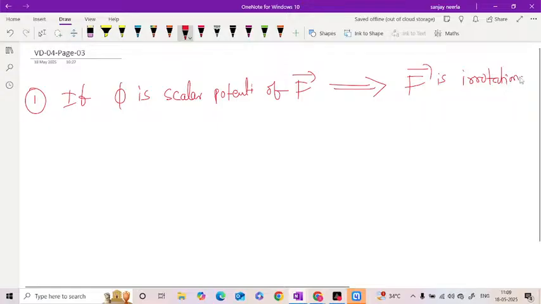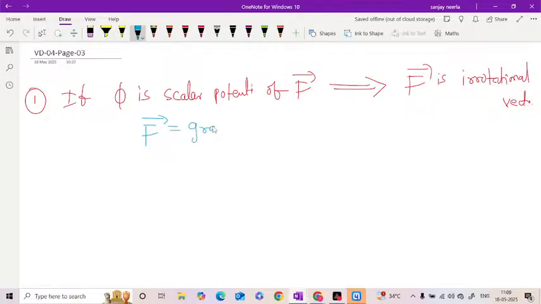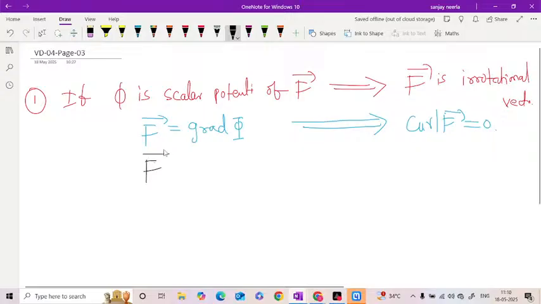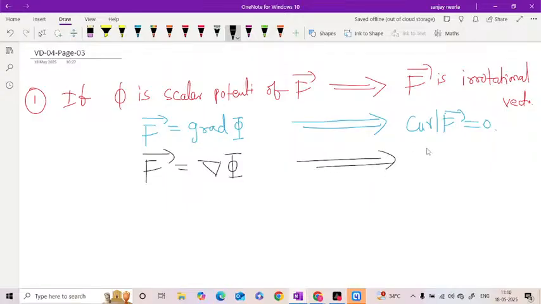The same statement I can write like this: if f is equal to gradient of pi, then definitely curl f must be 0. Or you can write: if f is equal to del pi, definitely del cross f must be 0, or del cross del pi must be 0. Okay. Now what about the converse of the statement?